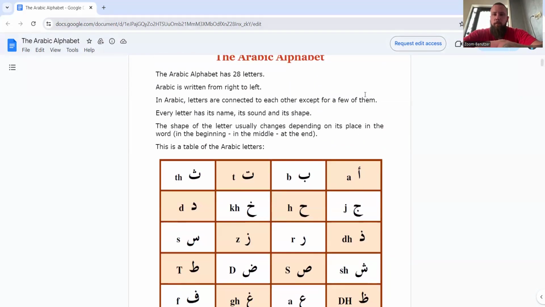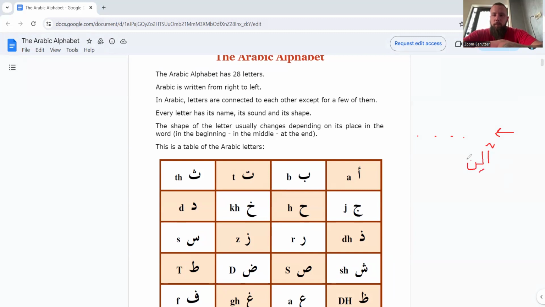And we said that Arabic is written from right to left. So we start from here and we move this way. So as we said, let's, for example, write your name. We start like this, and then this, then this.